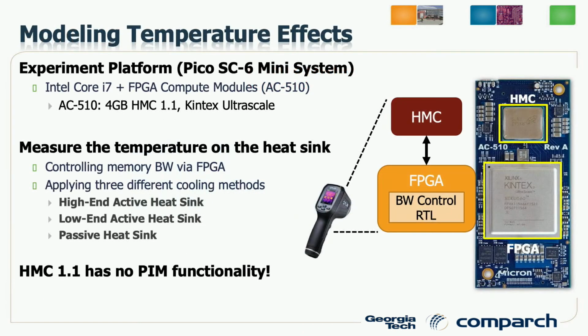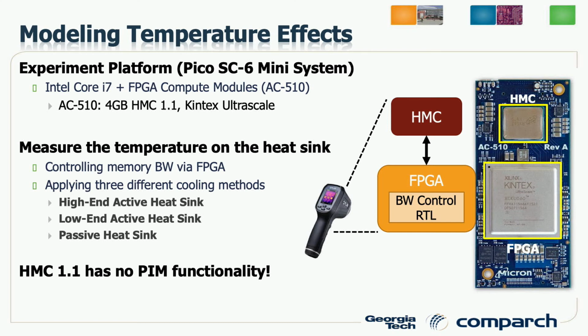Another important part in the PIM was the thermal effect, because the PIM cores that we put the compute under the 3D stacked memory. So if we put too much computation under the PIM, they might exceed the temperature, and that might hurt the performance. So to understand that, we also model the temperature effect.